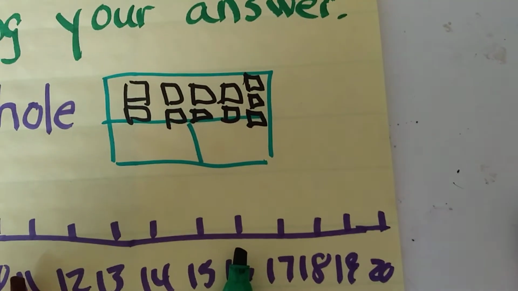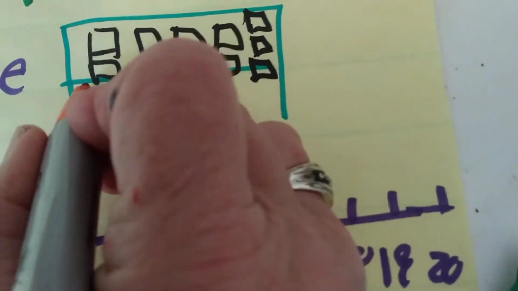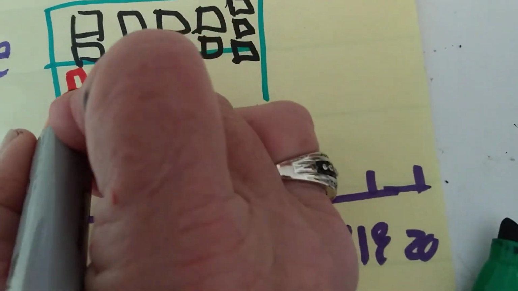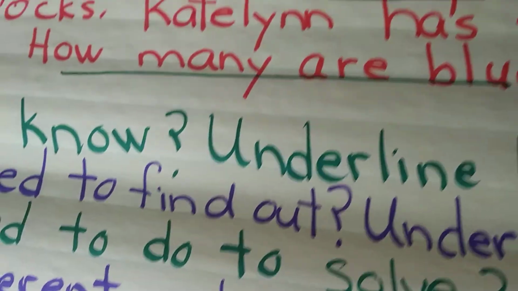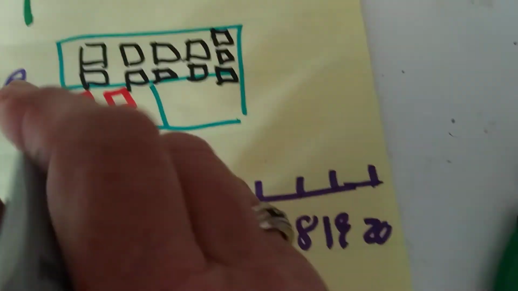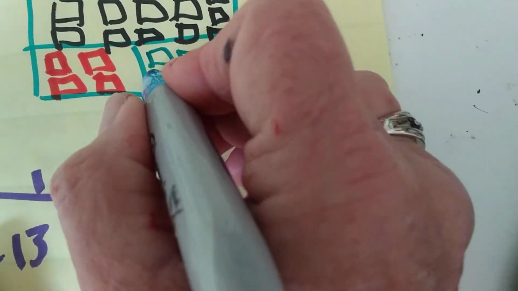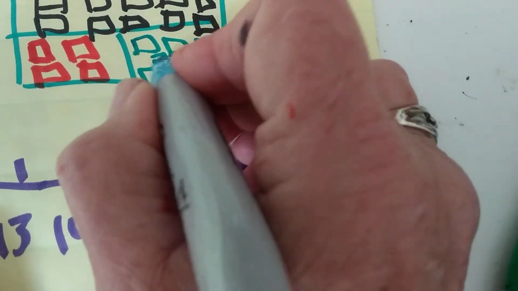And we know that she had 4 red ones. So let's put the 4 down here. 1, 2, 3, 4. Okay, now our question asks us, how many are blue? So let's just keep going with blue until we get 11 squares. So we have 4, 5, 6, 7, 8, 9, 10, 11.